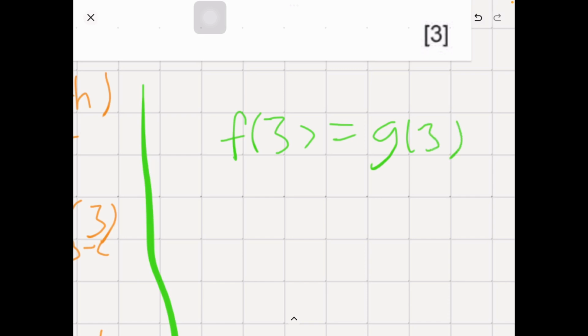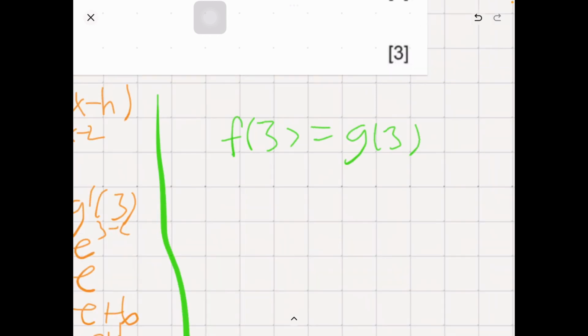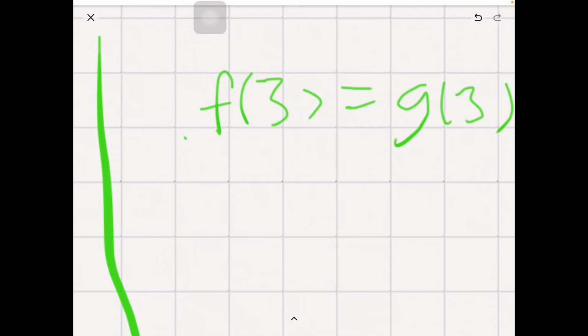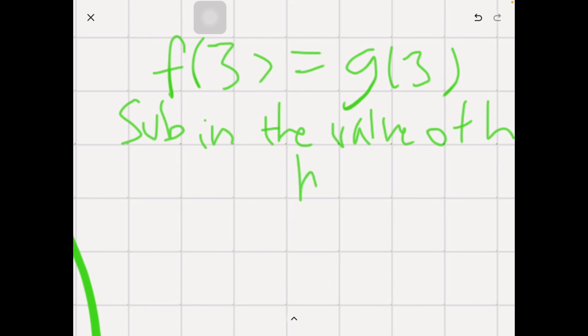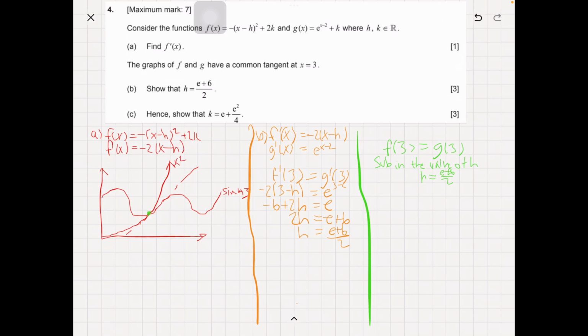And remember, these two functions aren't always equal to each other. They're only equal because there's a common tangent. So again, we have to substitute in the value of x equals 3 into both functions. And here we can also sub in the value of h. Yep, (e plus 6) over 2.